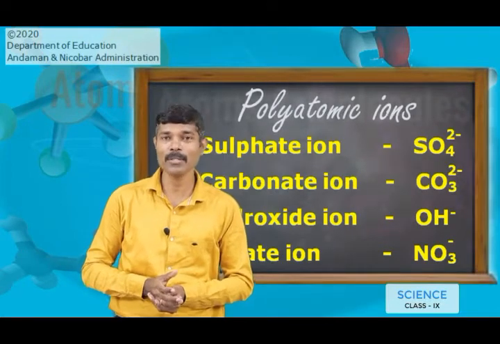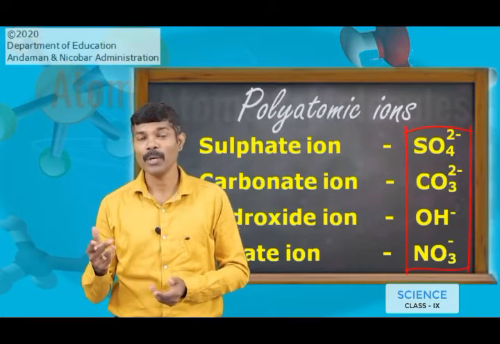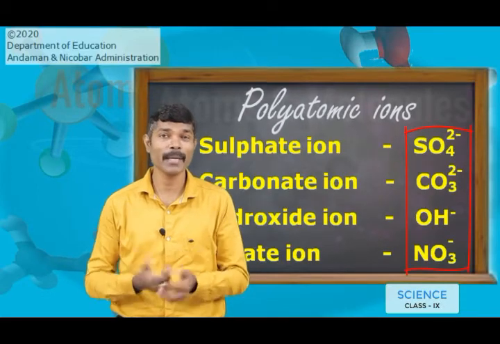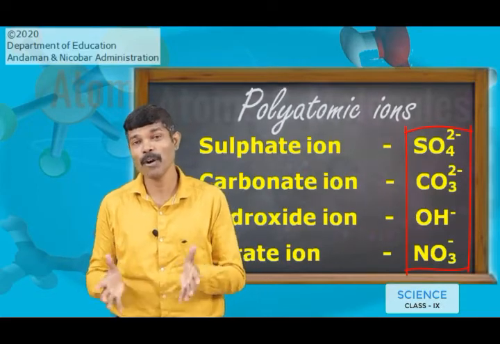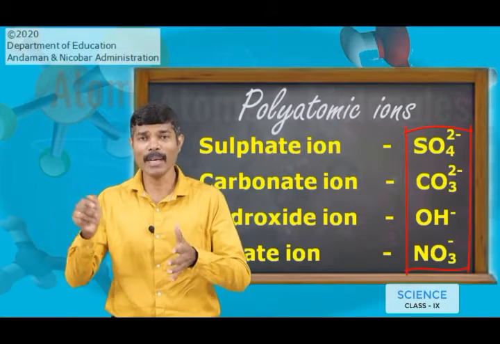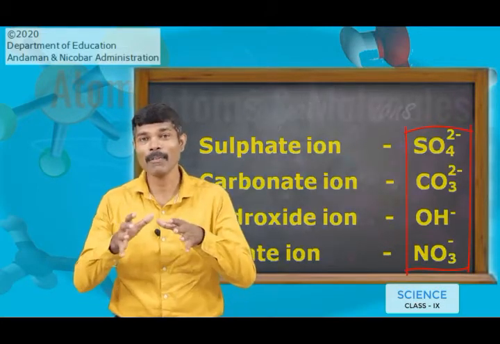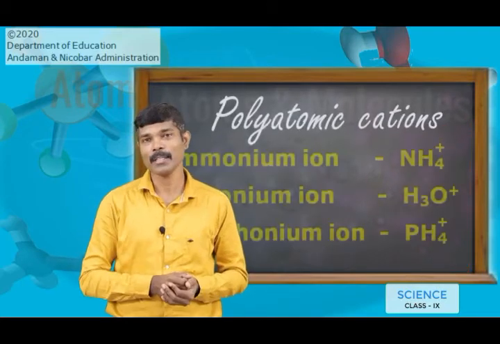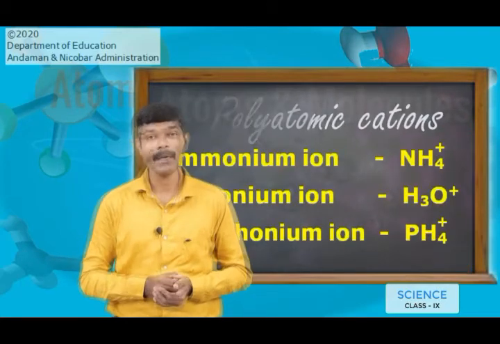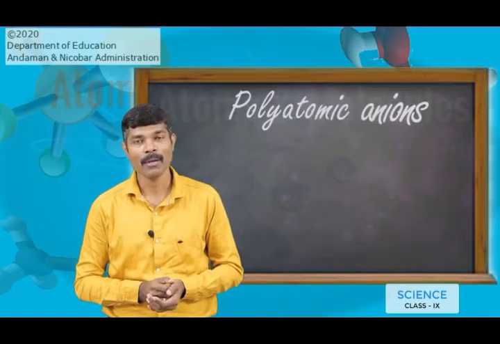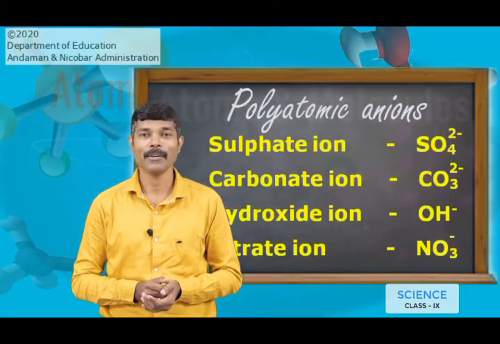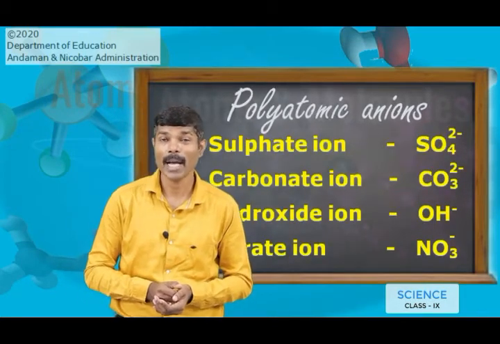Here poly means 2 or more than 2. If the cluster of atoms has a positive charge, we call it a polyatomic cation, and if it has a negative charge, we call it a polyatomic anion.